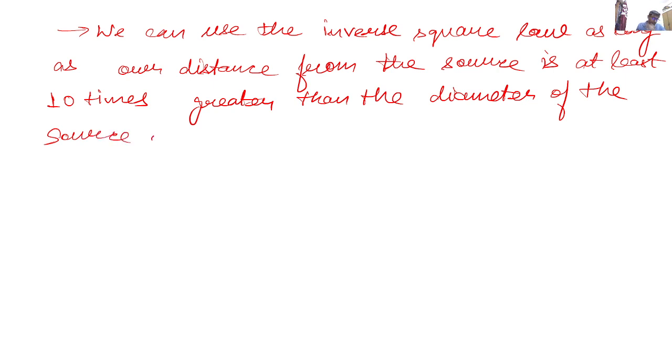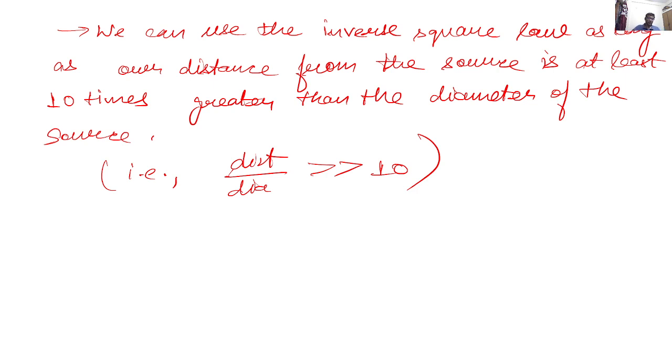So there's a caveat to this. Or in simpler terms, distance by diameter should be at least greater than 10. That is the caveat of the usage of this formula, by the way. You cannot use it blindly. Okay, so let's see what happens for this problem.